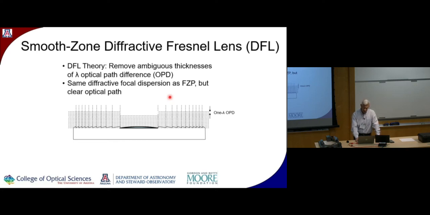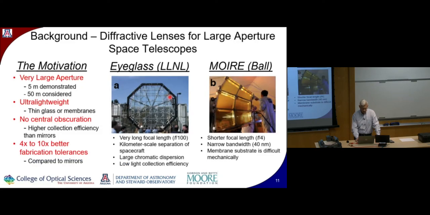And when we take that lens and remove those sections, remember light is a wave, so it's harmonic over a wavelength, then we have what we call a diffractive Fresnel lens. And it has the same diffractive focal dispersion as a zone plate, but a clear optical path.